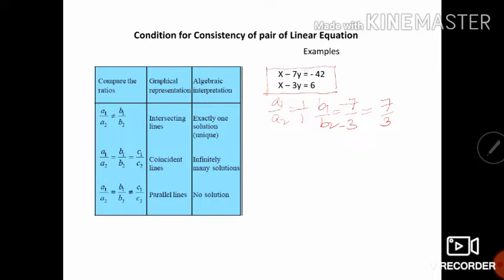Hence, the graphical representation of this pair was intersecting lines and it had a unique solution.